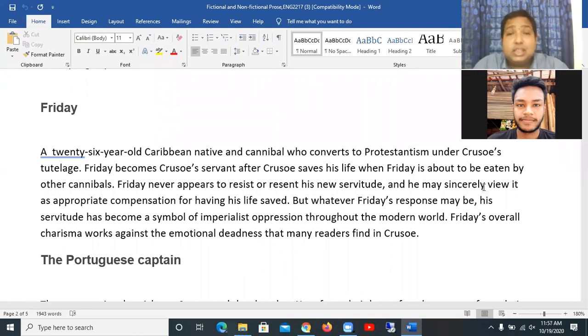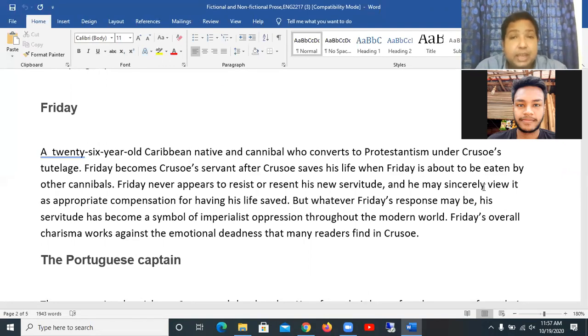On that particular day, when Friday was rescued from the claws of the cannibals, he was accompanied by another young man from his own group, and that man was already killed. Friday just ran towards the inhabitants of Crusoe, and Crusoe saved him.